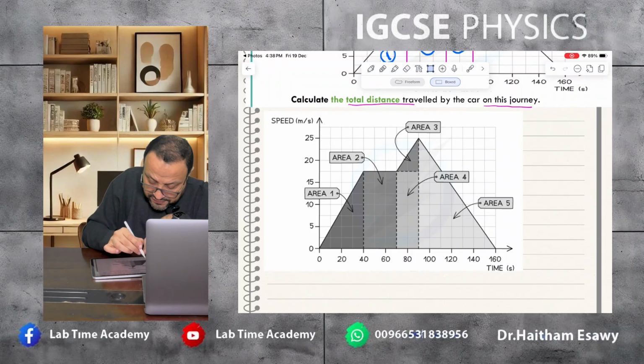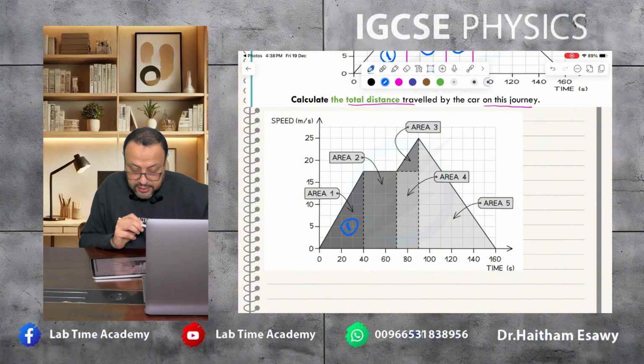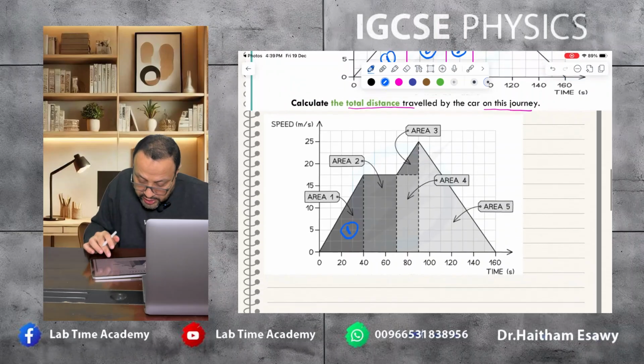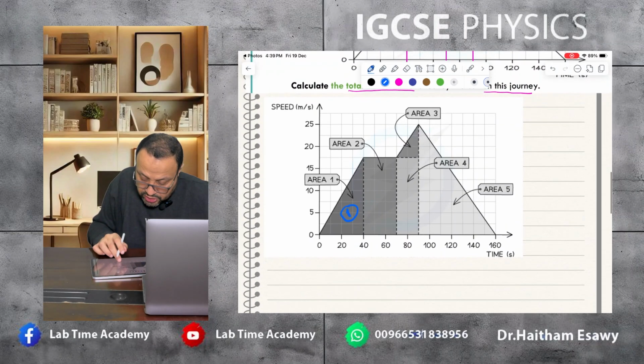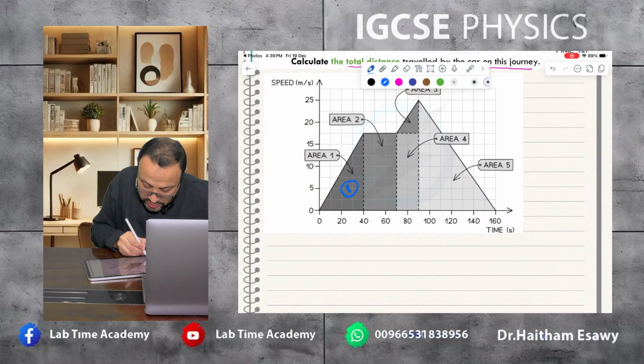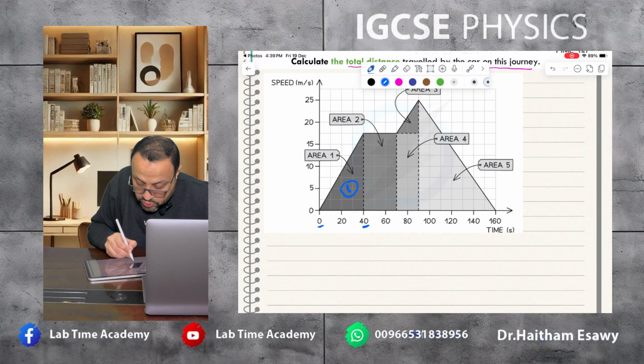So this will be the first shape. Here we have a triangle. How can I calculate the area of the triangle? Just half times base times height. This is the first triangle. Here we have the base times height. Start from 0, end with 40, so this will be the base. What about the height?